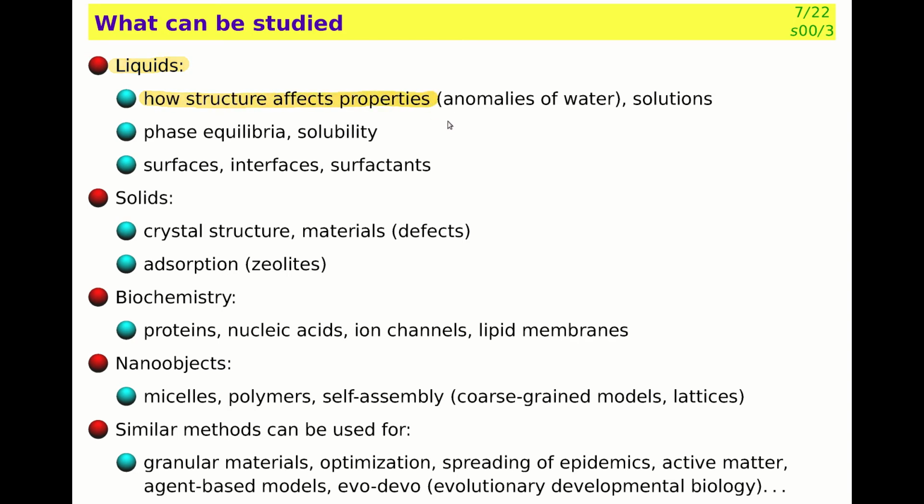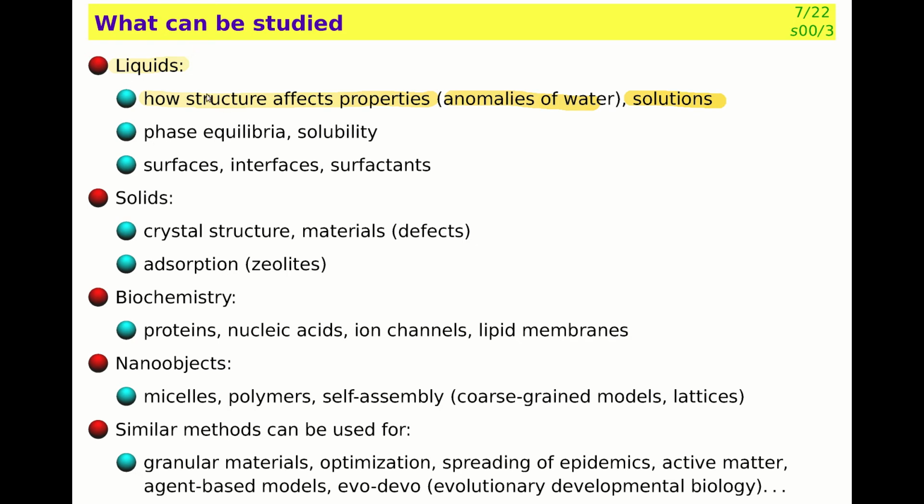For example, you know that water has many quite strange properties which are different from the properties of other liquids. For example, the density maximum at 4 centigrade and so on. And I can say that a lot about the structure of water and explanation of these anomalies has been obtained by simulations of water. Then we can simulate solutions of salts in water, of other substances.